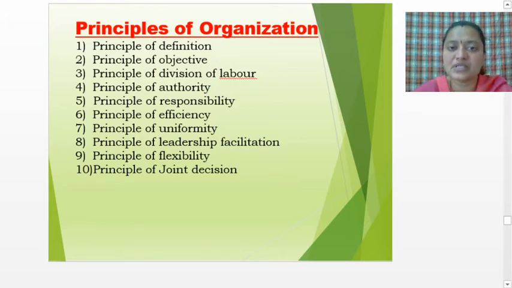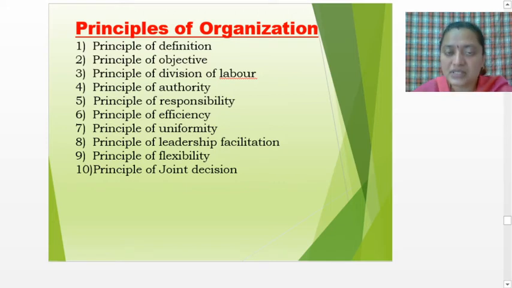That is called the principle of efficiency. To see whether the workers are efficient enough, or capable enough to handle or do that particular work. And inefficient means which workers are not capable, not able to handle or do any kind of work. These workers are called inefficient.